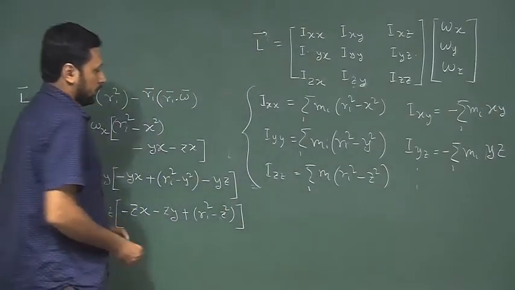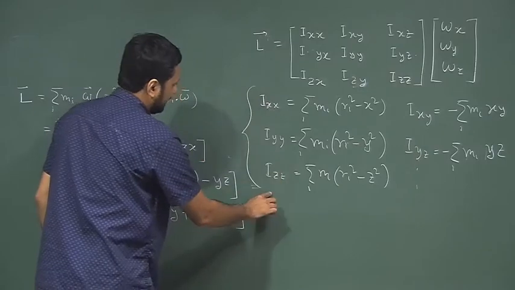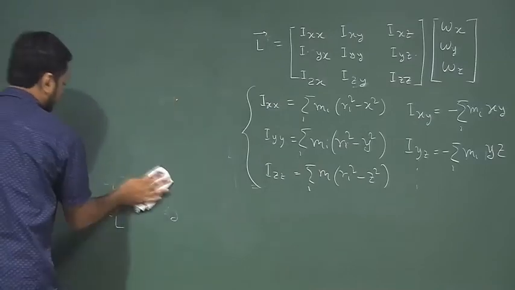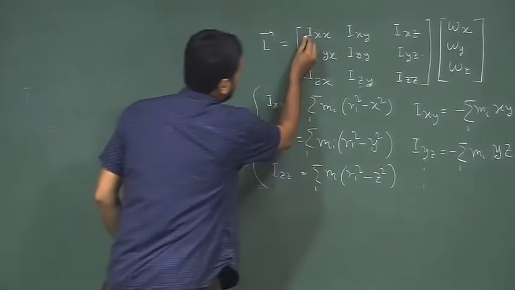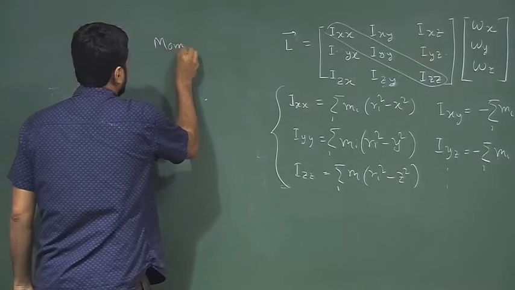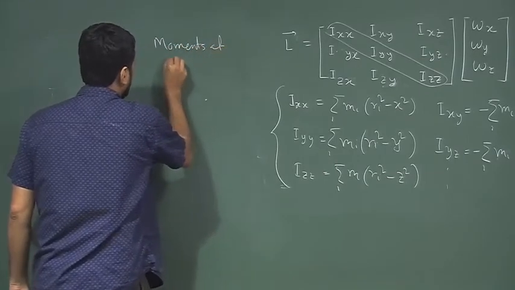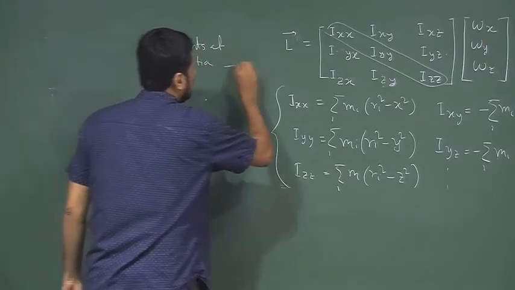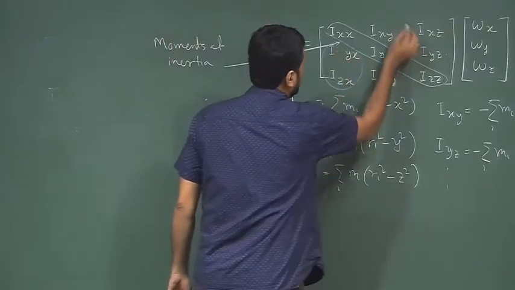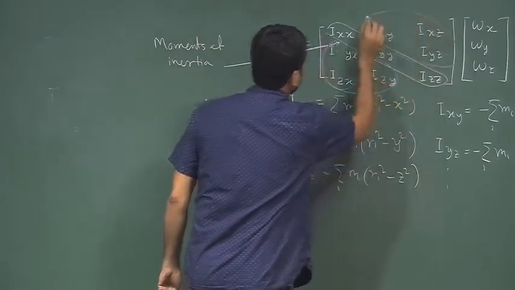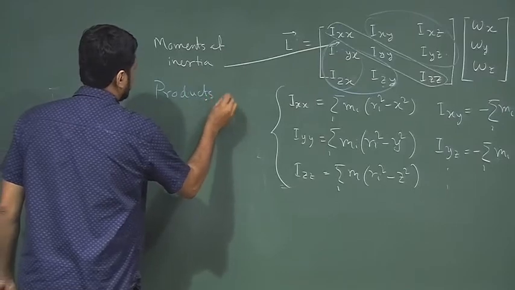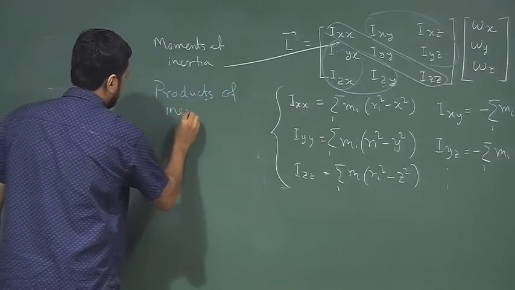So, these diagonal terms are called the moments of inertia, whereas the off diagonal terms are called the products of inertia.